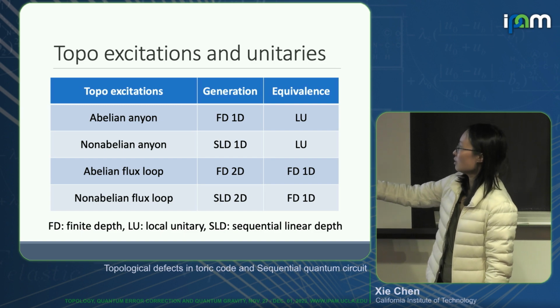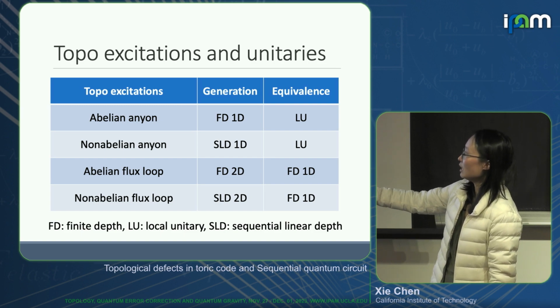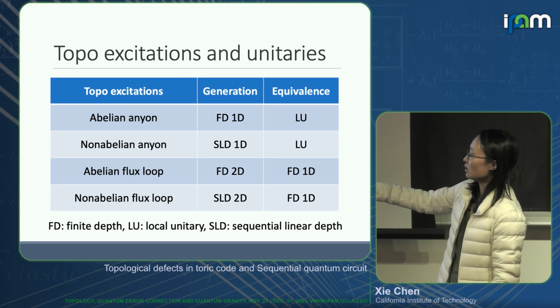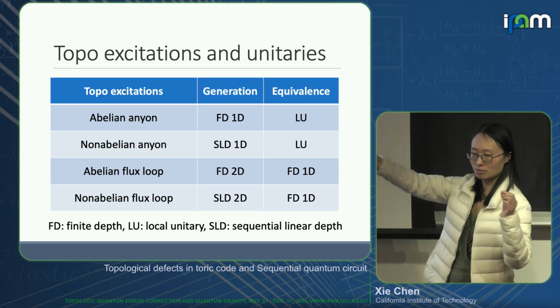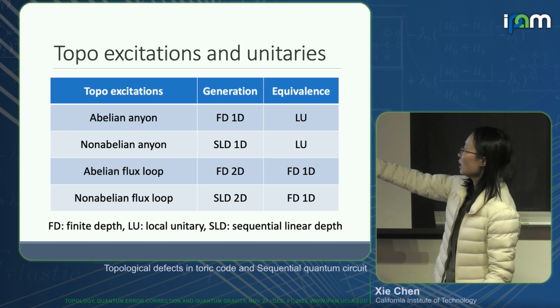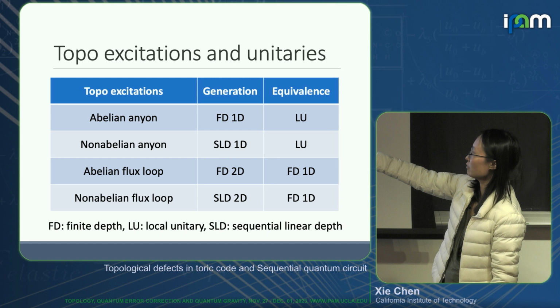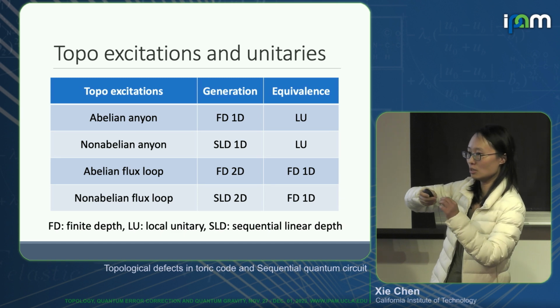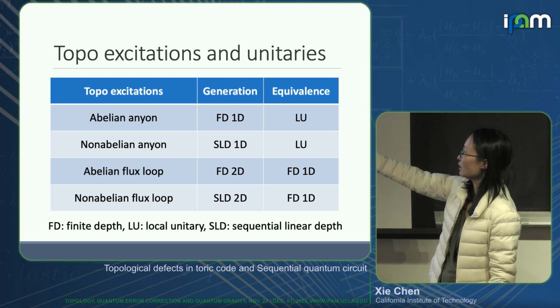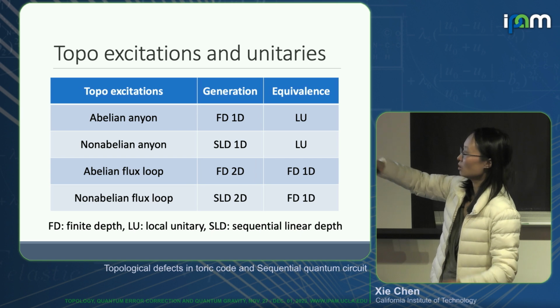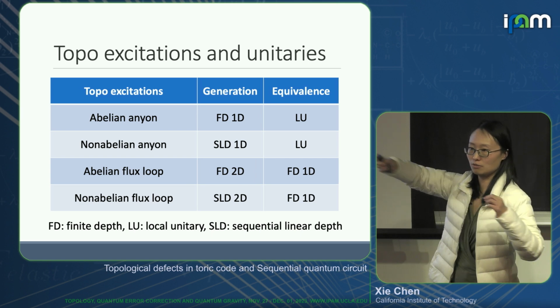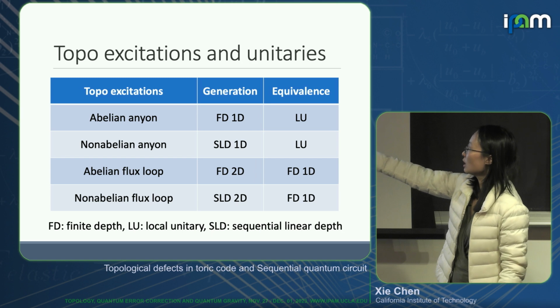So originally when we talk about abelian anyons, we know that they need to be generated with a one-dimensional string operator. But for abelian anyons, the string operator is very nice because we can generate it just in one step. We can use a finite depth 1D circuit to generate 2 anyons separated very far away from each other.